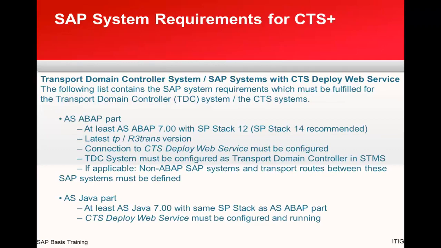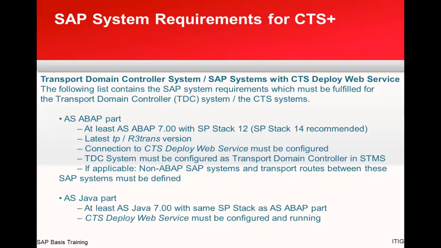Okay, now what is the basic requirement for running CTS Plus? The transport domain controller, that is TDC, and an SAP system with the CTS deploy web service. The following list contains the SAP system requirements which must be fulfilled for the transport domain controller, the CTS system. On the ABAP side, you need at least ABAP 7.0 with service pack 12, 14 is recommended.